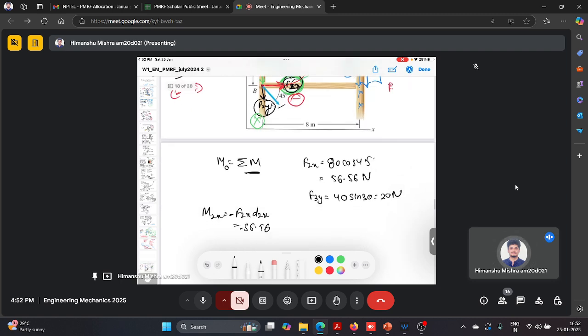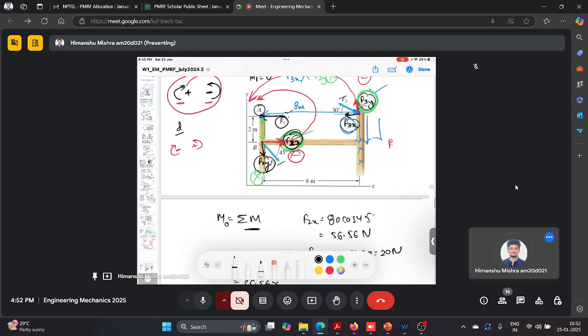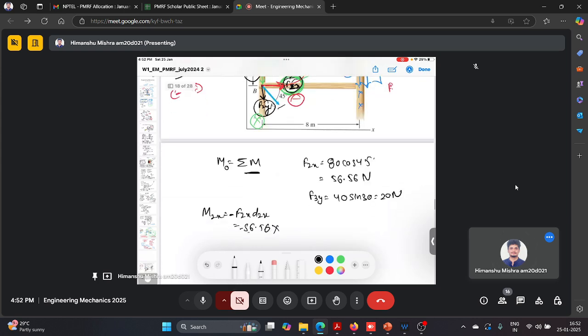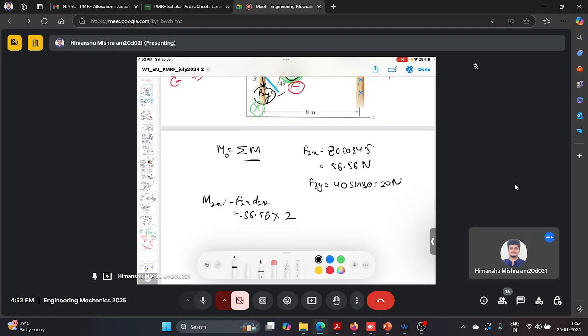So it's minus 56.56 multiplied by, so this is my perpendicular distance, 2 meter, basically minus 113.137 Newton meter.